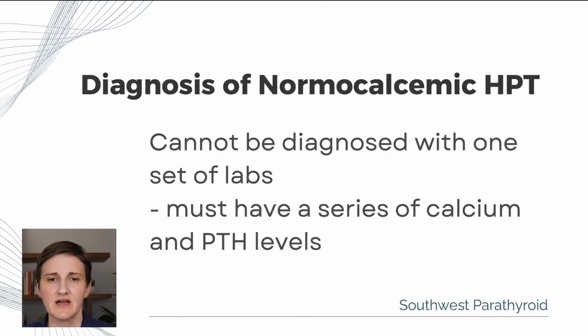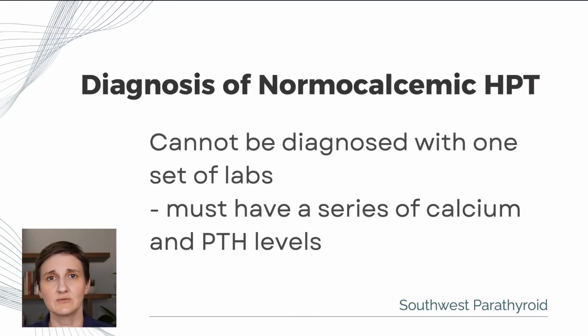Normocalcemic hyperparathyroidism, because of the things I just mentioned, cannot be diagnosed with one set of labs. Because somebody will come to me and they have a calcium of 9.9, which is perfect, right? Normal. And their PTH level is 140. By itself, it looks like normocalcemic hyperparathyroidism. But then I go back and look at their labs, and for the last 4 years, they've had calcium levels in the low 10s.